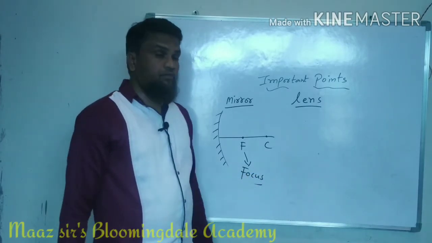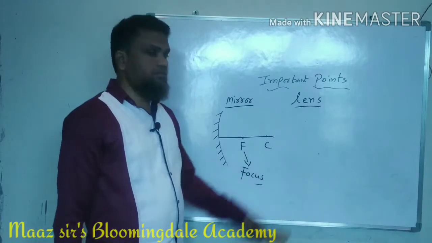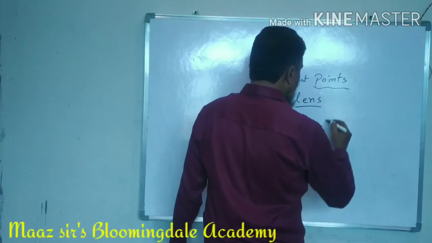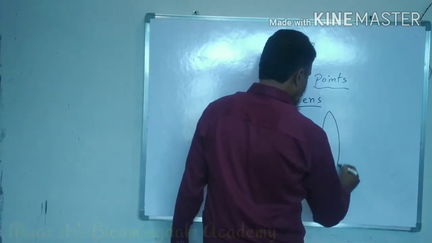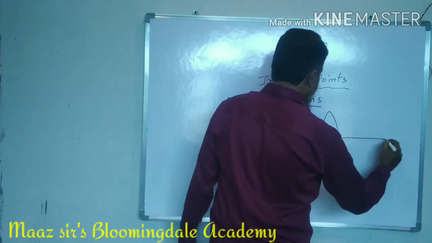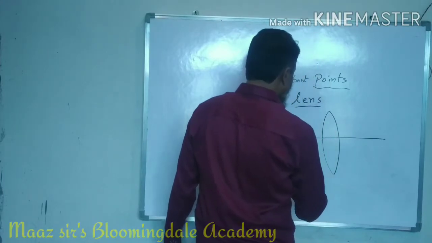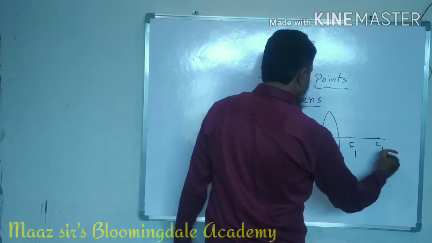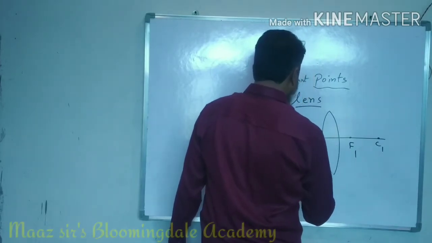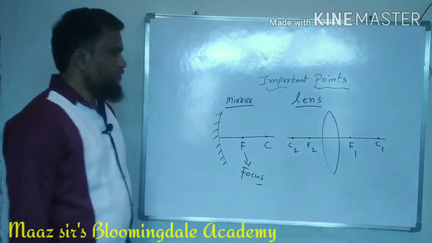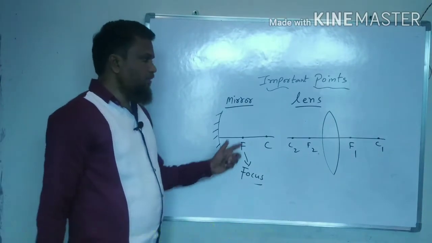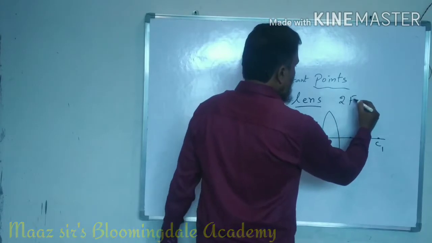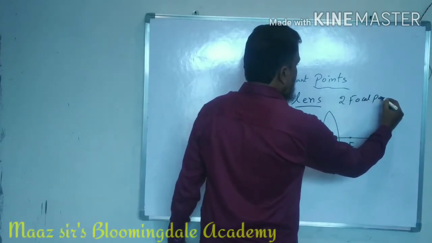But when you are talking about a lens, it has two focal points. This is a lens. So this is the difference between a mirror and a lens. A lens has two focal points.